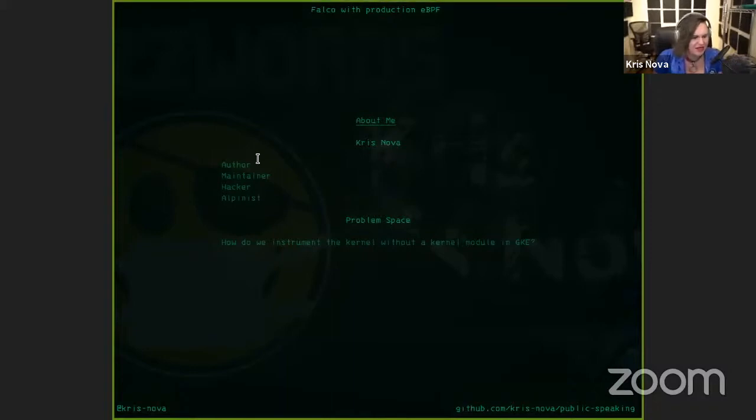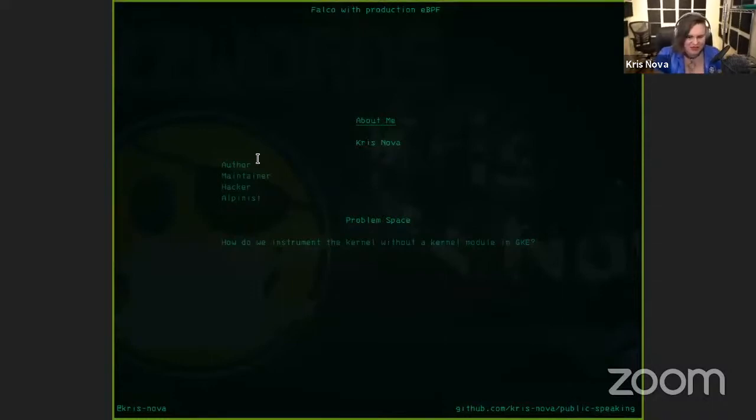Lorenzo Fontana co-authored a book on BPF. He spoke yesterday. He's one of our main maintainers and pretty much taught me everything I know about BPF. I'm a hacker. I like to do things that I shouldn't do. And last but not least, I'm an alpinist, which is why I very much appreciate Thomas's Zoom background while he was talking.